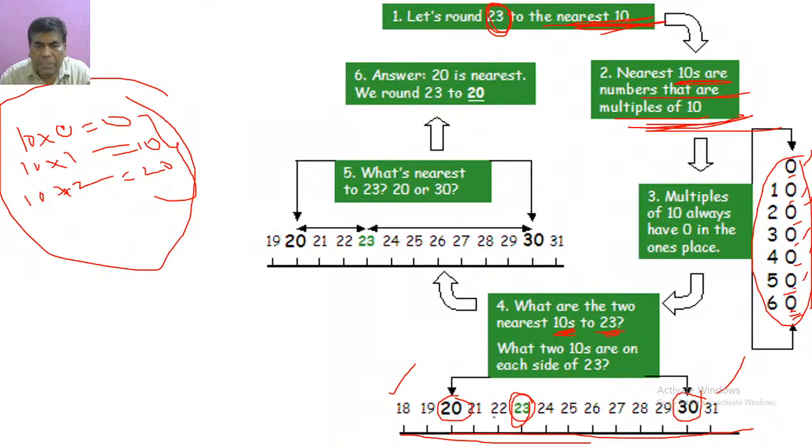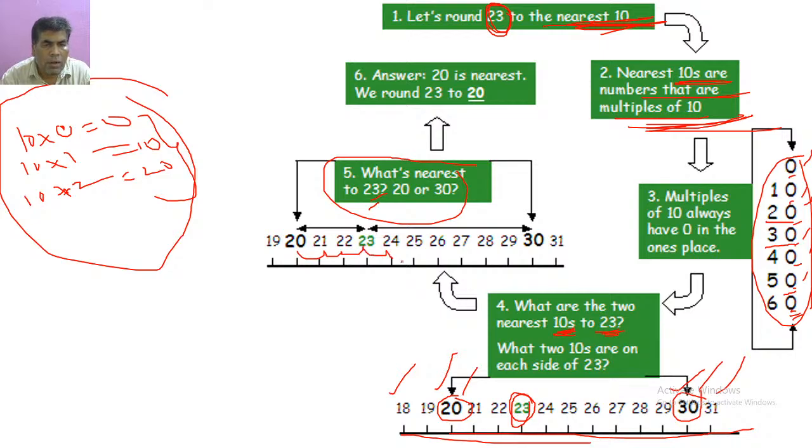Now observe the distance. 23 is nearer to 20 or 30? From 20, 1, 2, 3, 3 places.